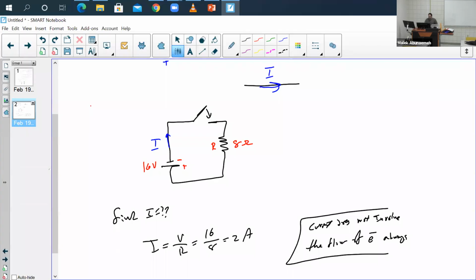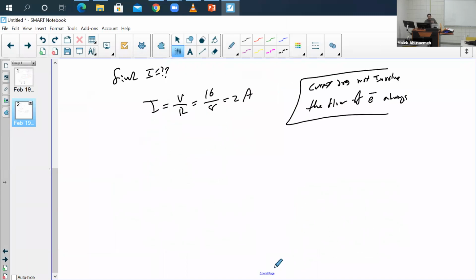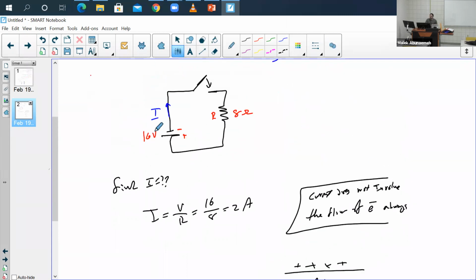Remember from last class, we said that the charge Q goes from positive to negative. Well, the current doesn't always involve the flow of electrons. So you might have a current going that way, or going the other way instead, from over here when you close the gate all the way back over here. So it actually depends.